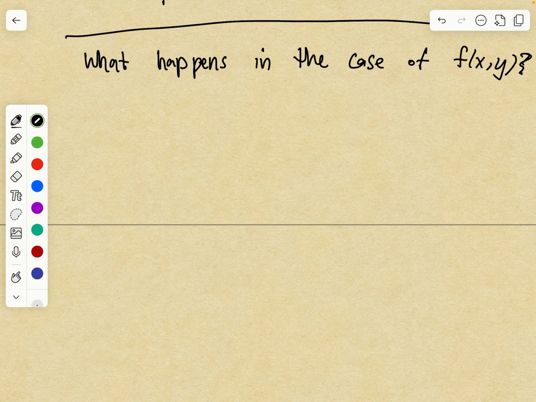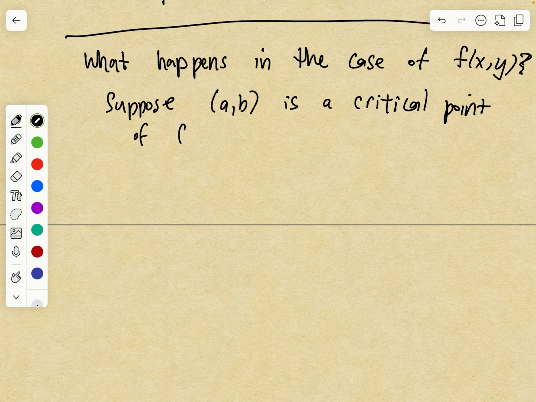Well, you can still have a local maximum or local minimum. So suppose, now instead of c, I have a comma b. I have this one point, and this is a critical point of my function f of x y.